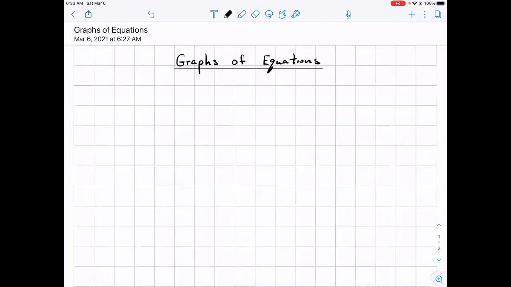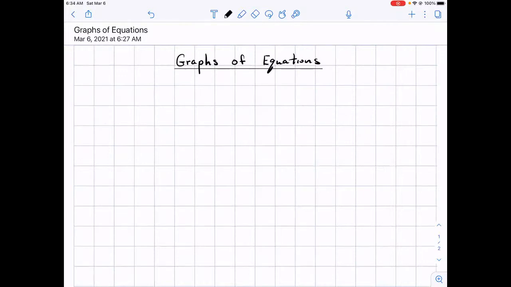Okay? So we have seen before that you use a coordinate system to graph or to put a relationship between two quantities. And those two quantities that I'm referring to are the x, y point. So frequently, the relationship between two quantities is expressed as an equation of two variables.